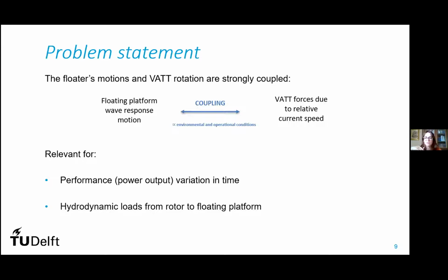But at the same time, these forces exerted on the vertical axis tidal turbine go back to the floating platform, inducing a different response motion. So there is this coupling between the forces on the rotor and the motion of the platform, which is a very challenging topic, and it is relevant for understanding the performance variation in time and the hydrodynamic loads that go from the rotor to the floating platform and vice versa.